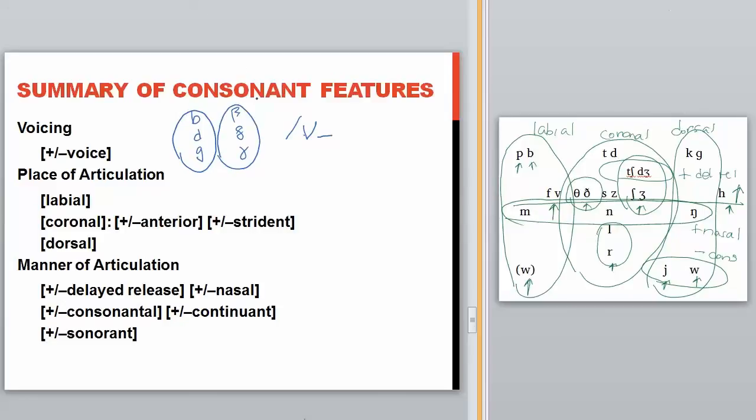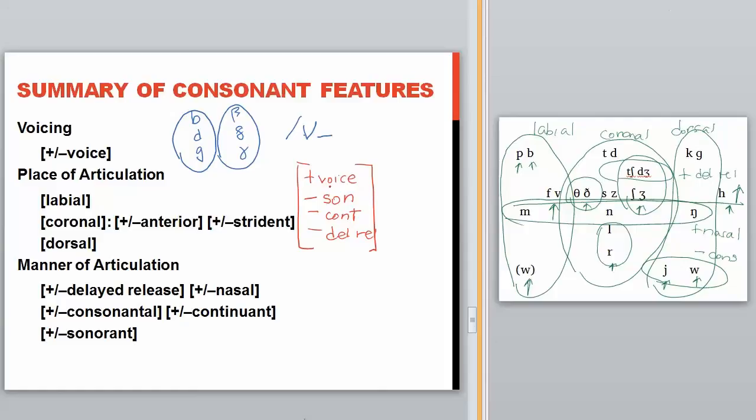So here we can use the feature plus voice. And now we need to specify the manner stop. So we can use the features for the manner of articulation stop, which we've described as minus sonorant, minus continuant, and minus delayed release. This feature description describes the natural class of voiced stops.